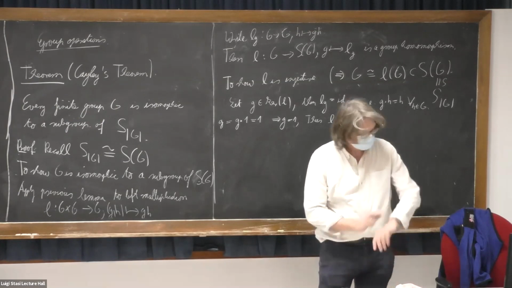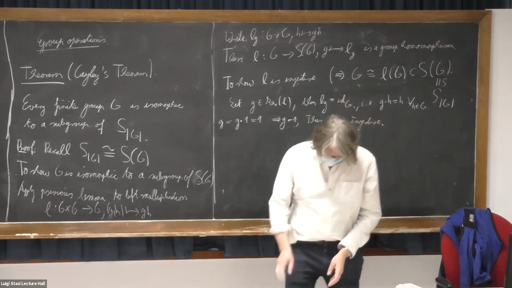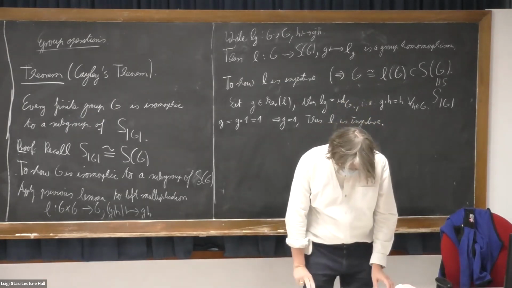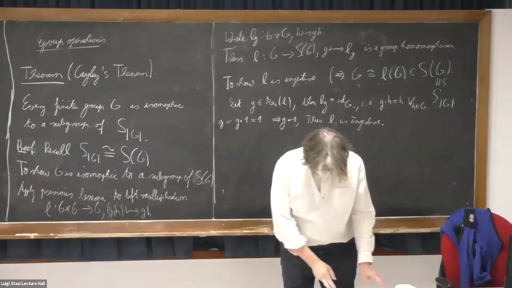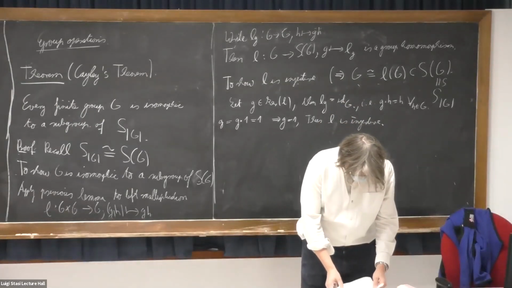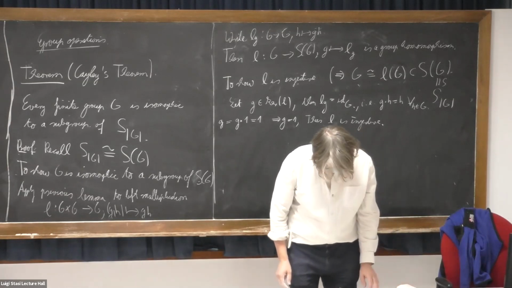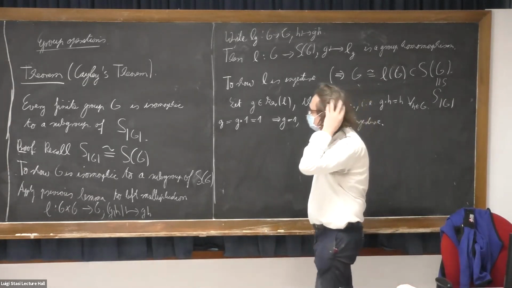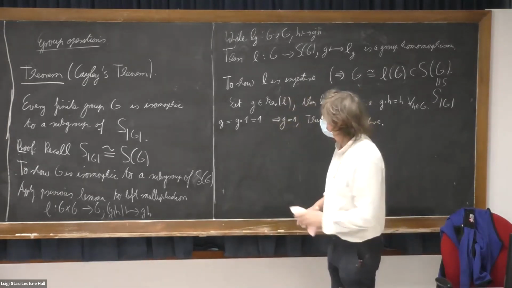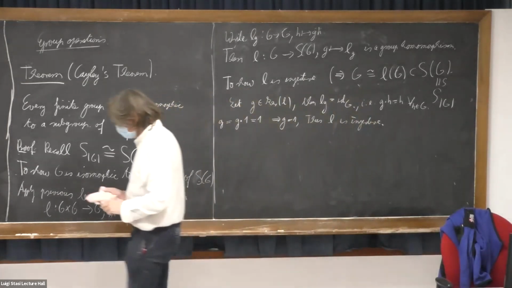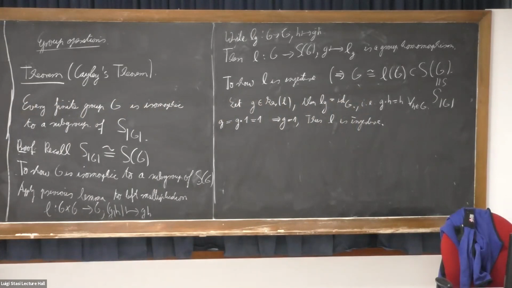Okay, so this was how much time? Faster than I thought. So let me then briefly give you this example of a group which I mentioned here, the dihedral group.